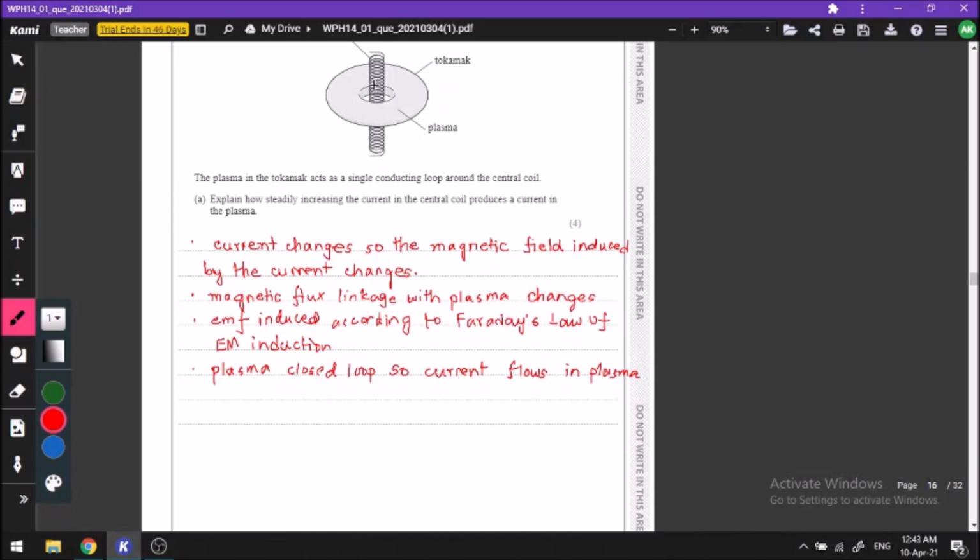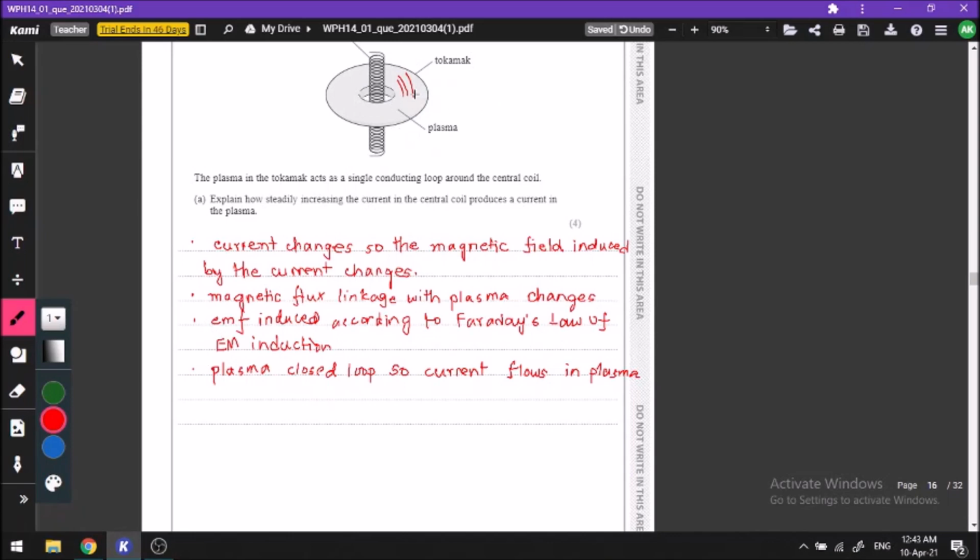Increasing the current from 0 to a maximum value means the magnetic field produced by this current is also changing. Since the magnetic field is changing, the magnetic flux linkage with the plasma is also changing. The rate of change of magnetic flux linkage is directly proportional to the EMF induced, that is Faraday's law of electromagnetic induction, and therefore EMF is produced in this plasma.